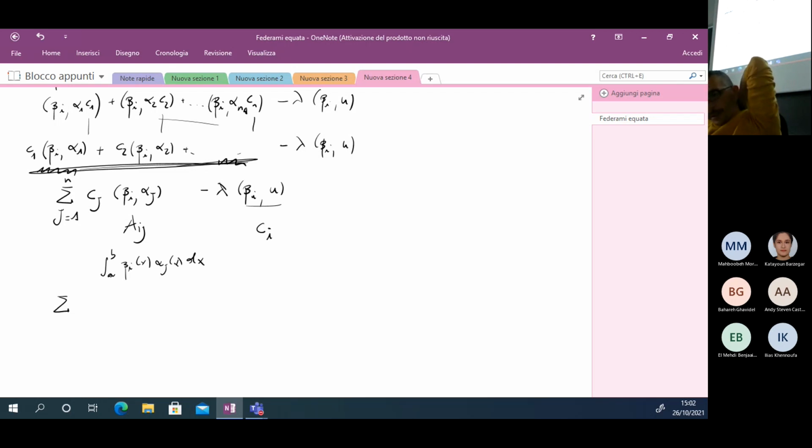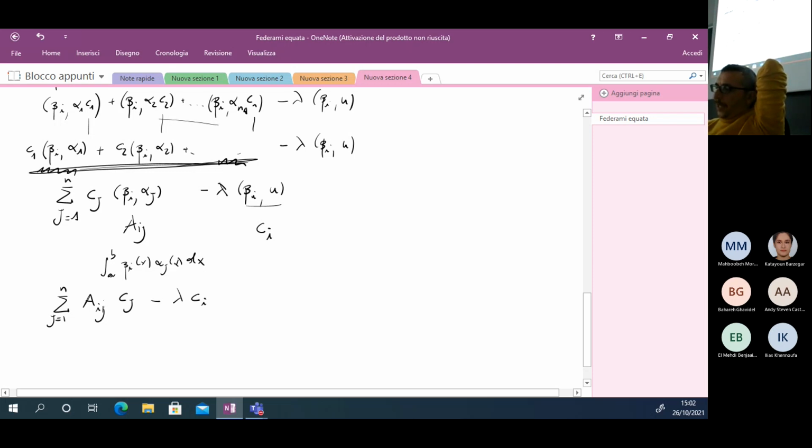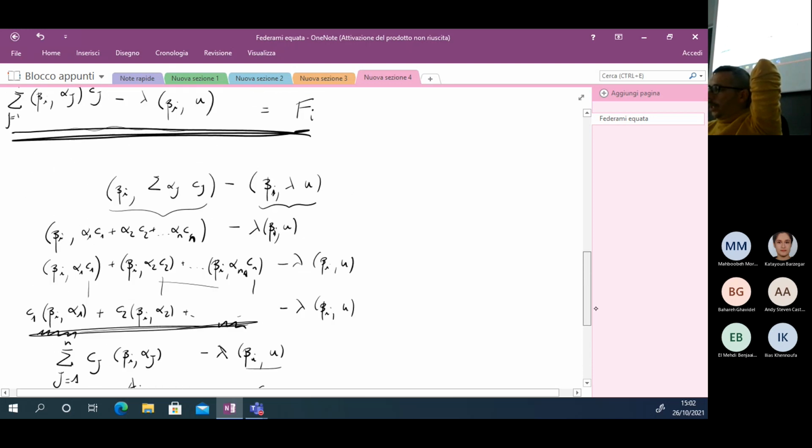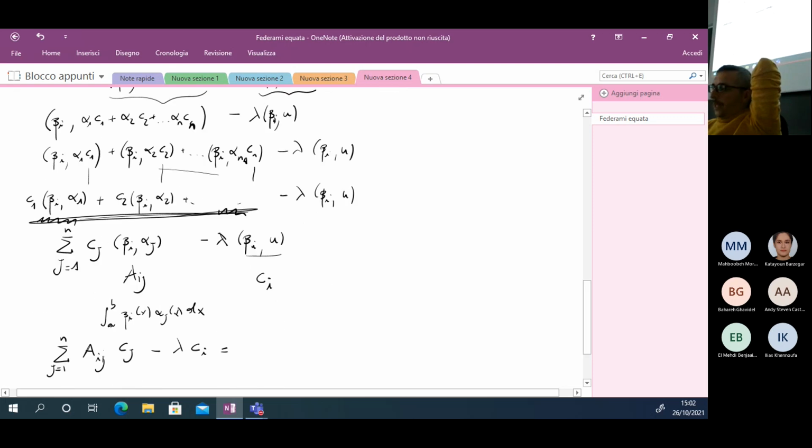So I can rewrite the equation as the sum over j going from 1 to n of capital A ij Cj minus lambda Ci equal to what we call Fi, capital Fi.